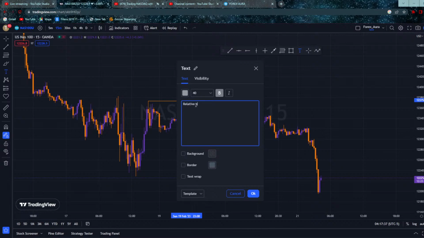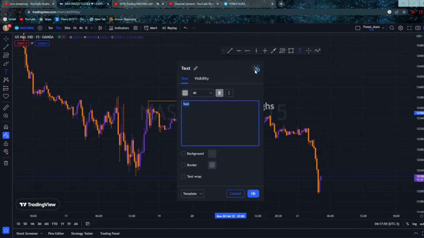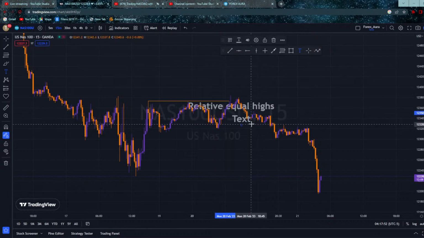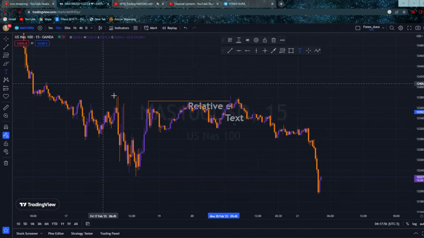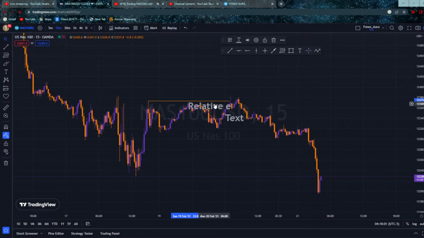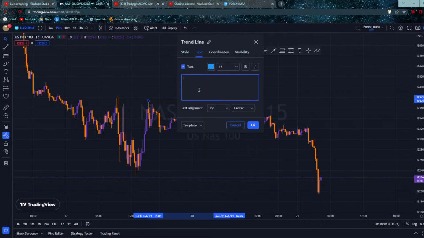It's two highs, two or more, I can say. You see, when you click on the line like this, you can annotate your words.